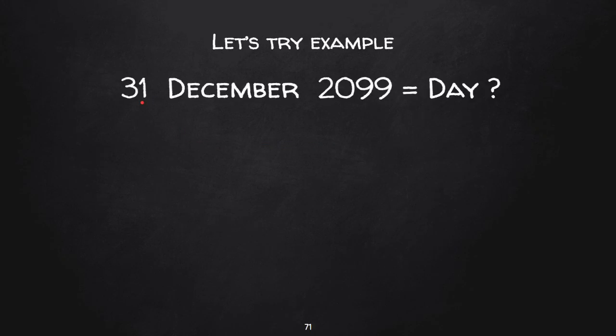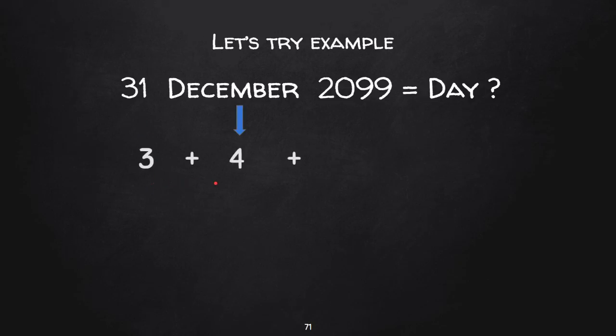What is the day of the week on 31st December 2099? We will simplify this problem quickly. 31st December becomes 31 minus 28, 3.